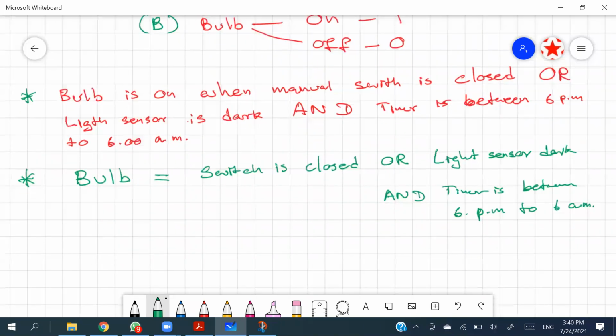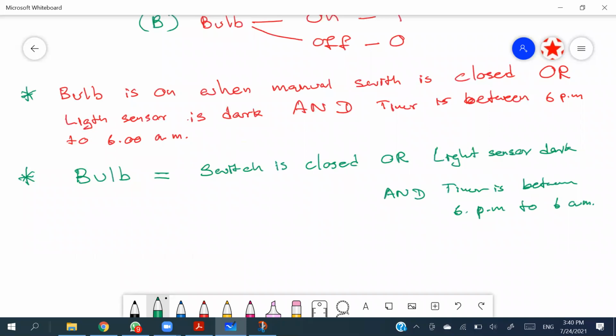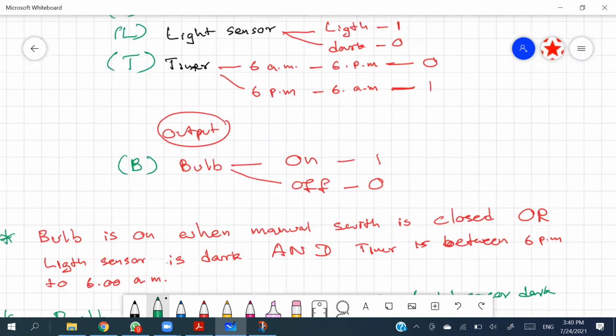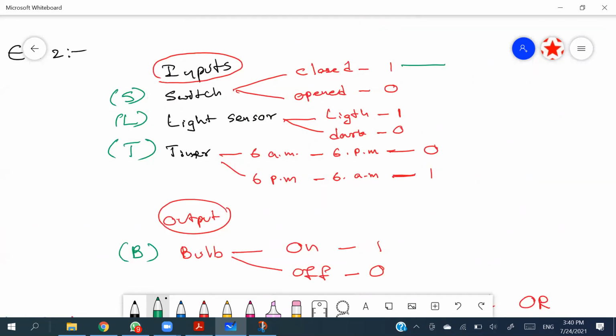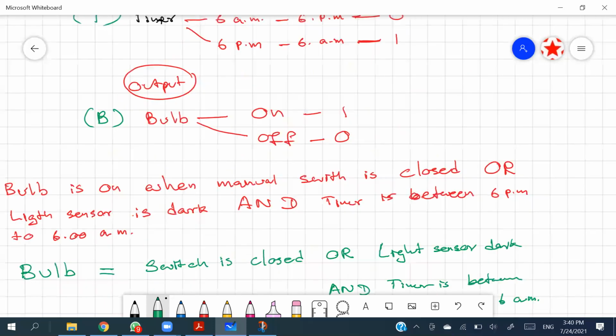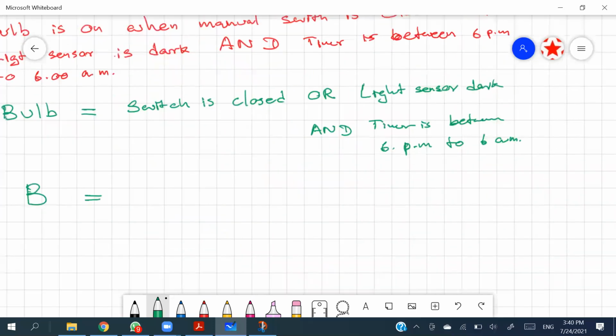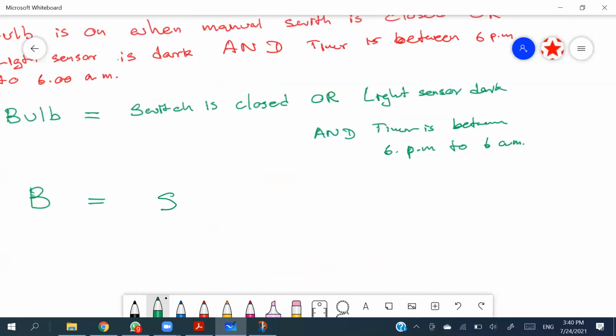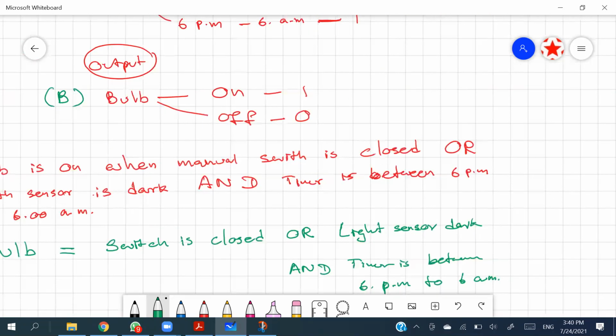Now here you have to be very careful. The bulb is on, so we take it as B. It says switch is closed, and switch closed is indicated by 1, no problem, so we take S as it is. Or, light sensor is dark.